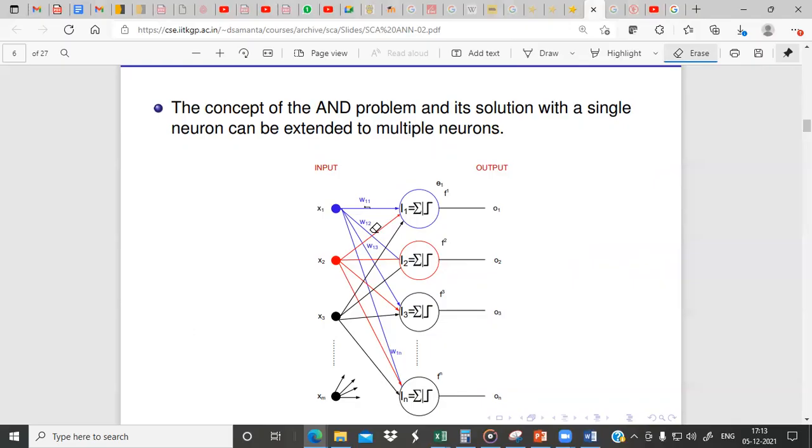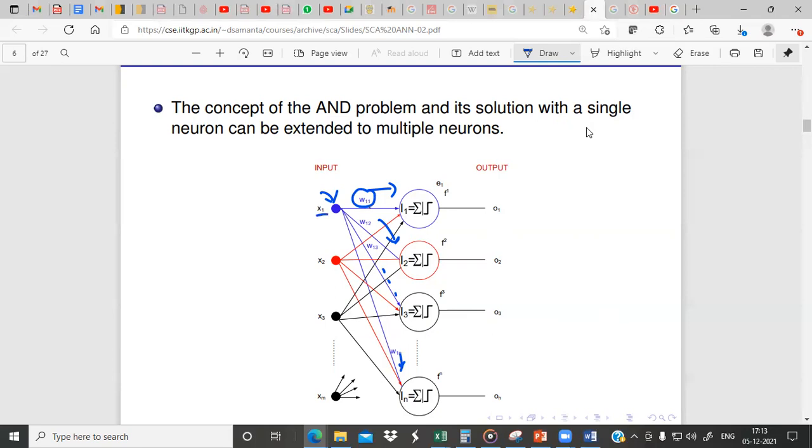So here, the first input x1 is connected to all the neurons: the first neuron, second neuron, third neuron, so on and so forth, up to the nth neuron. It is connected to the first neuron through the weight W11, because it's the first input connected to the first neuron.